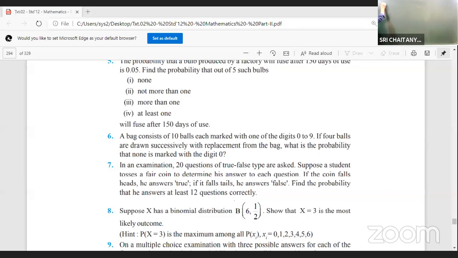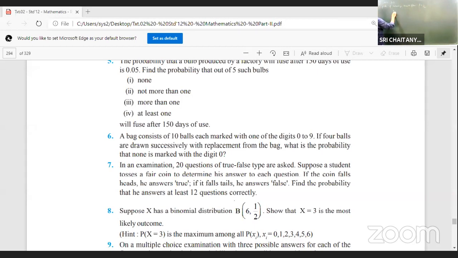Seventh one, n is equal to 20. Number of questions is 20. Out of these 20, the probability of selecting true or false is P, which is 1 by 2.